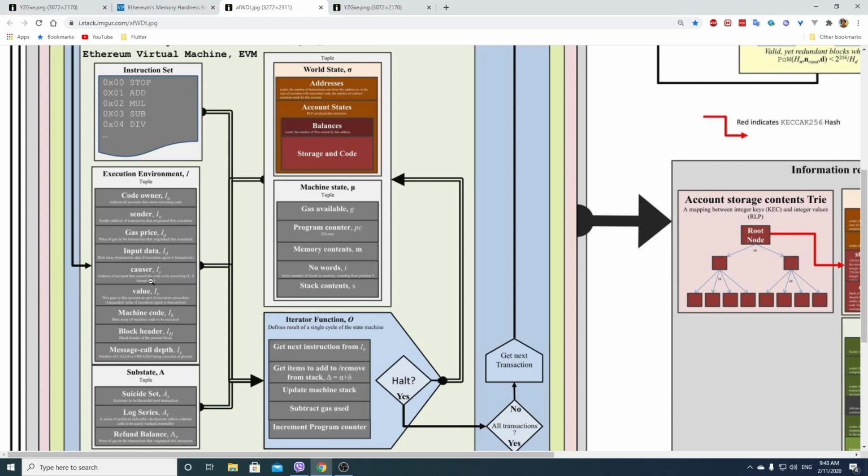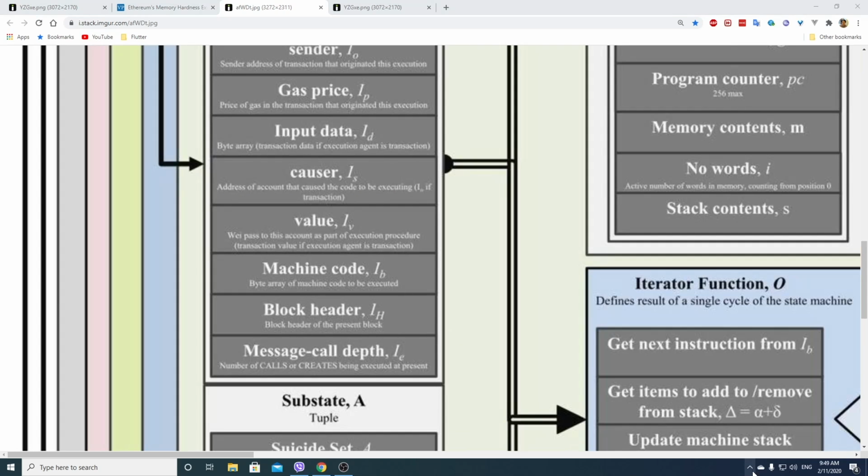The caller is, if it's nested, the account that calls you, and this is the account that has created the code. Okay, so that's a bit bigger now, right? There's a value that's passed to the transaction, right? So how much, if you spend, it would be how much you would spend, or how much you can send to the contract.